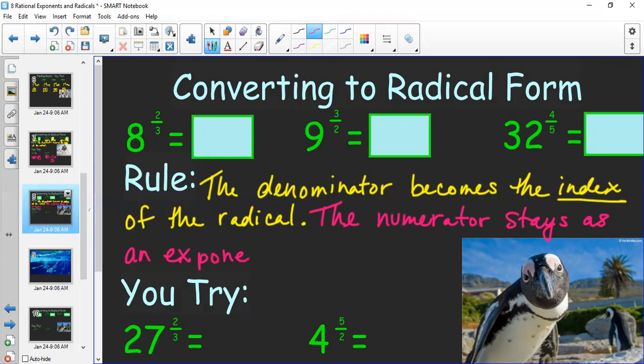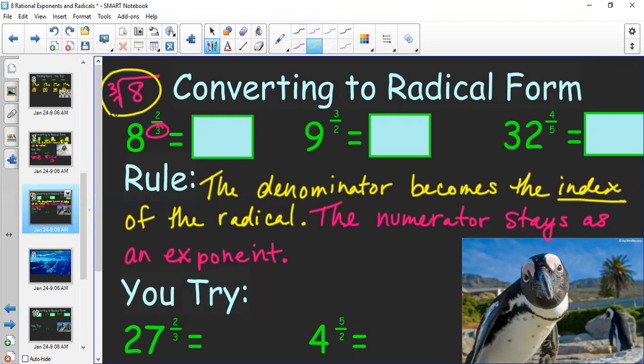All right, so let's look at the two examples again. So keep your 8. We are going to put it under a radical. I'm going to take the denominator and put it as the index. I haven't done anything with the 2 yet. So I'm going to figure out what is the cube root of 8.